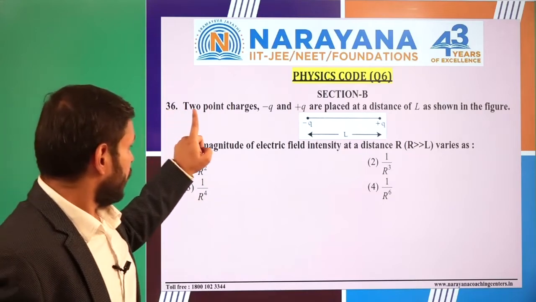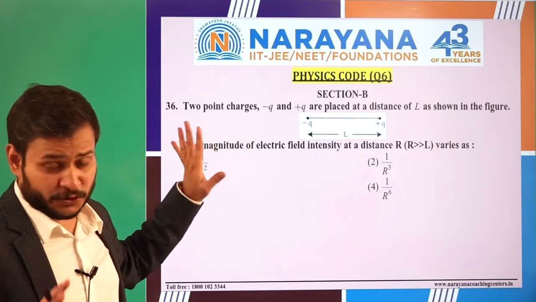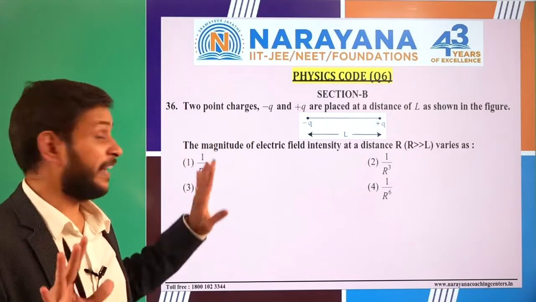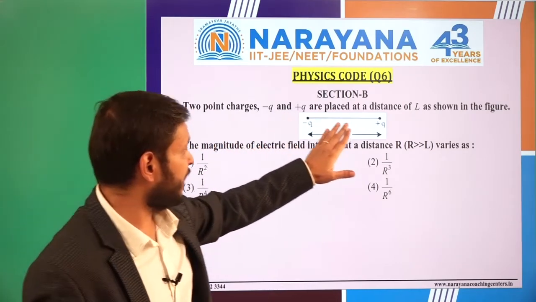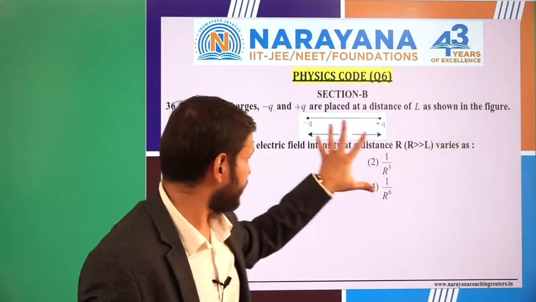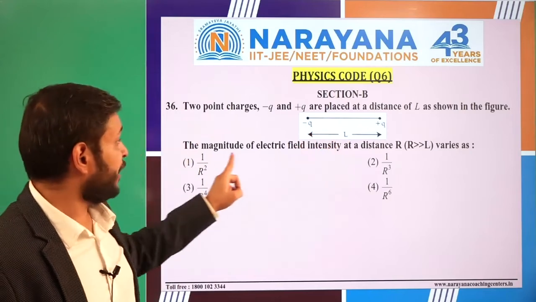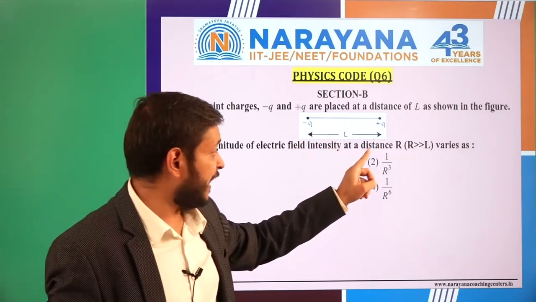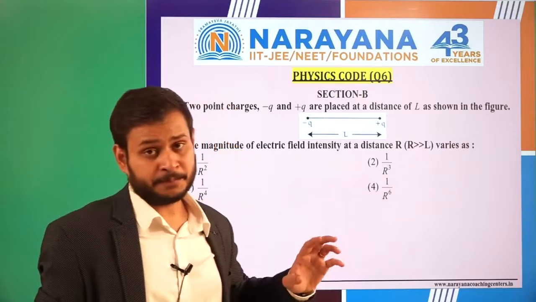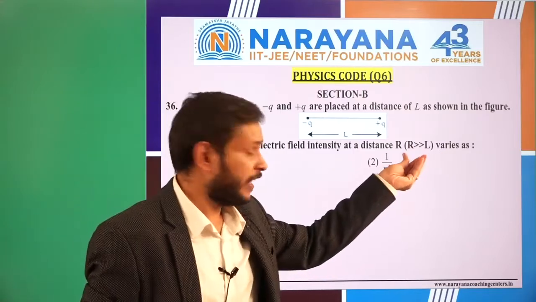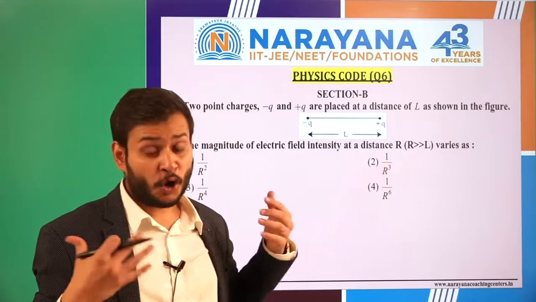36. This question is basically from electrostatics, specifically from electric dipole. Two point charges minus Q and Q are placed at a distance L as shown in the figure. The magnitude of the electric field intensity at a distance R, where R is greater than L, varies as. Now R is greater than L, so they are talking about a short dipole.